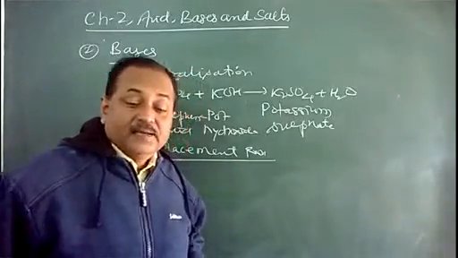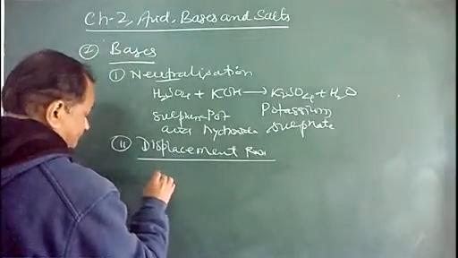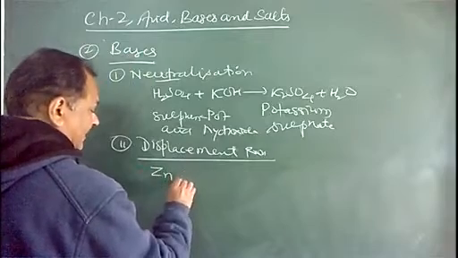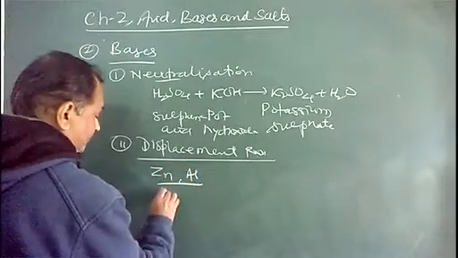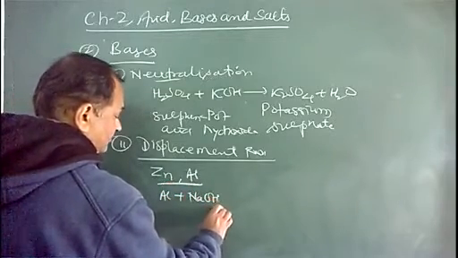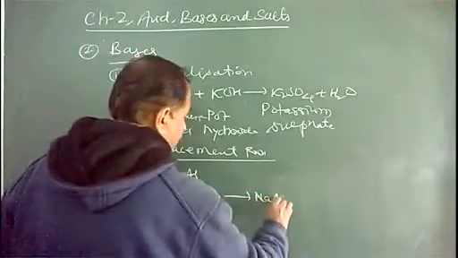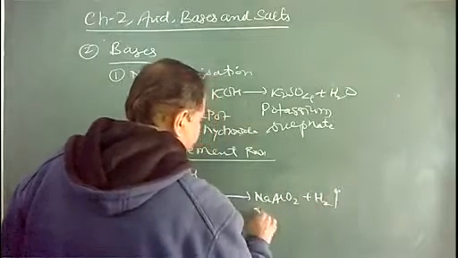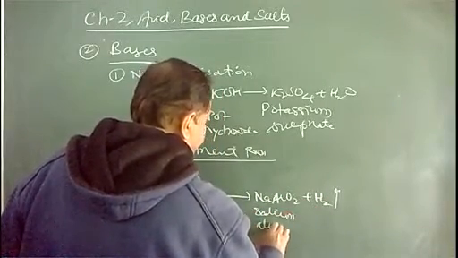Only the reactive metals can undergo displacement reaction. If you take zinc or aluminium, they undergo displacement reaction. So if you take aluminium plus NaOH aqueous, there is formation of sodium aluminate.